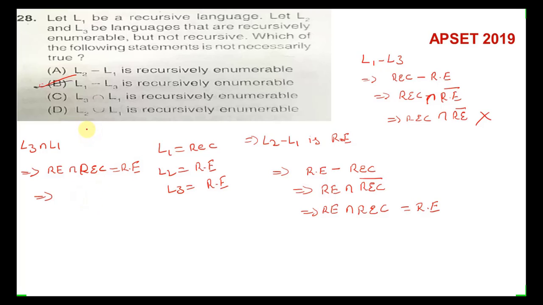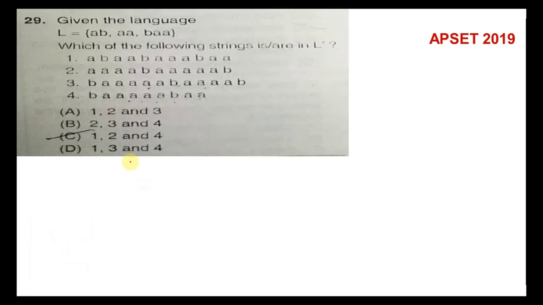In the same way, L2 intersection L1, where L2 is recursively enumerable and L1 is recursive, is also recursively enumerable. So A, C, D are true statements. Only option B is a false statement, and we want the false statement, so option B is the right answer.